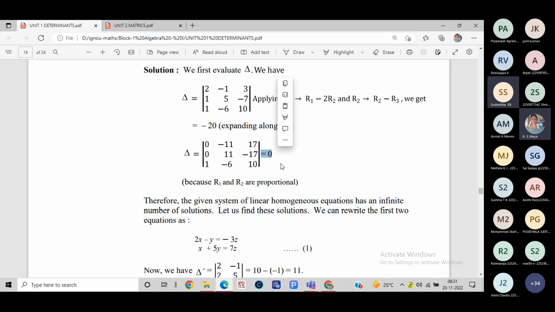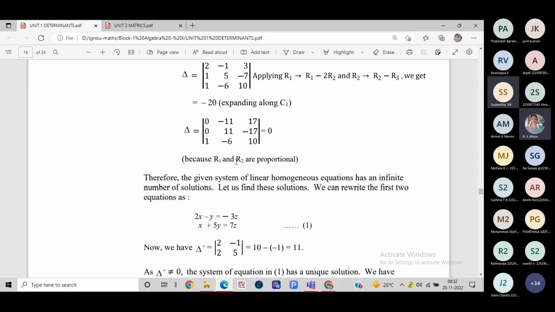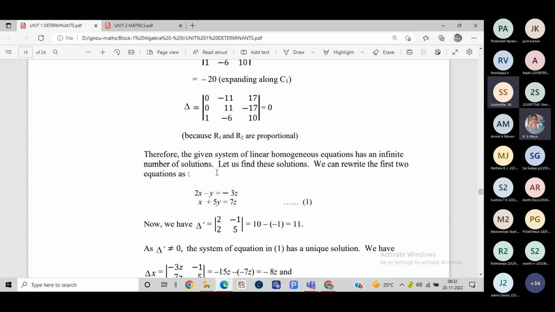Now you will get delta equal to 0, because the rows are proportional. So everyone got 0, right?